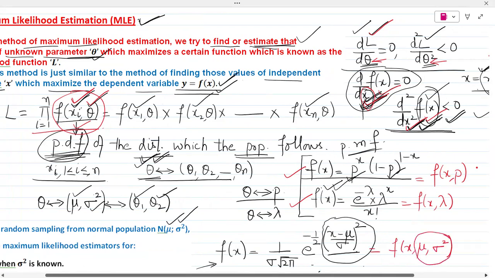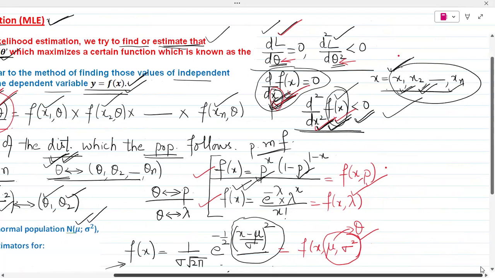And what is this pair? This pair is our theta. Here theta has two components, and here theta has only one component. So this is the working principle of MLE. I think this is clear by now.